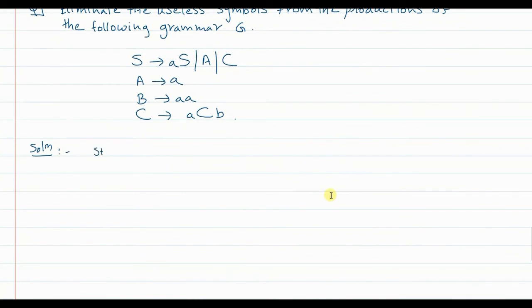So step 1, identification of non-generating symbols. So first we are going to identify non-generating symbols.